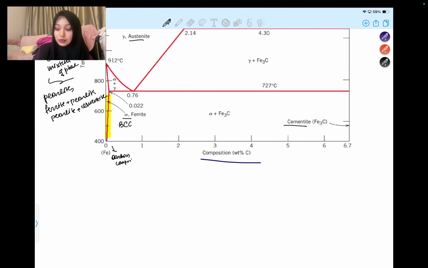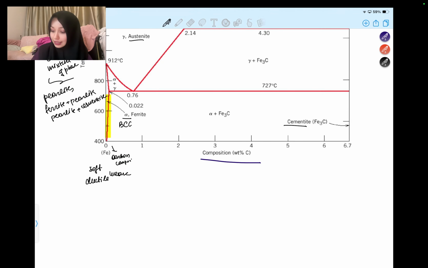Therefore, as we don't have much carbon in the ferrite, the properties will be soft, ductile, weak, and it can also be magnetic.